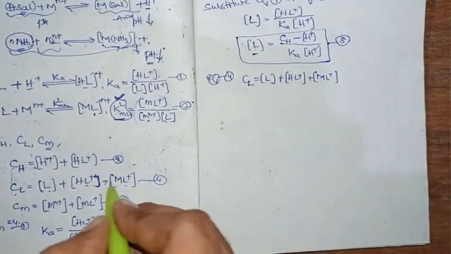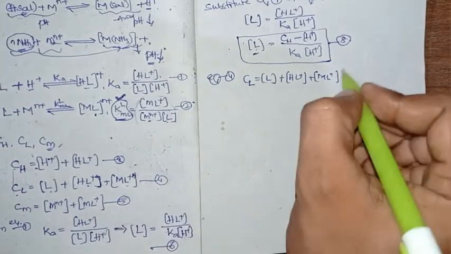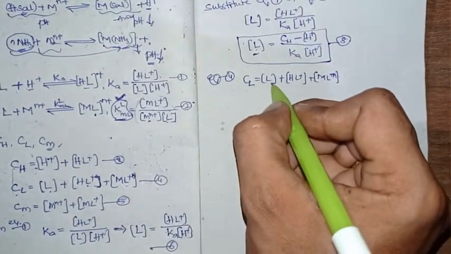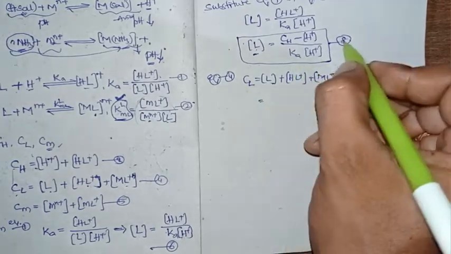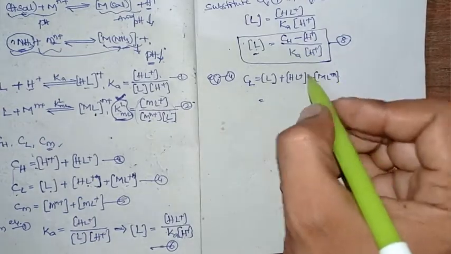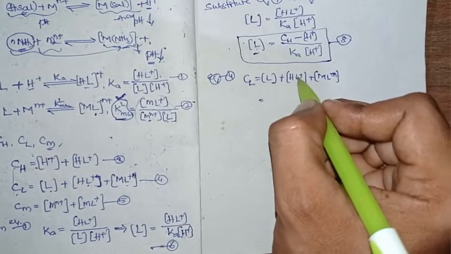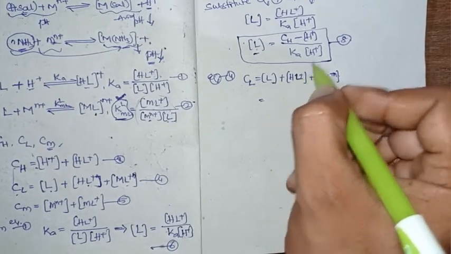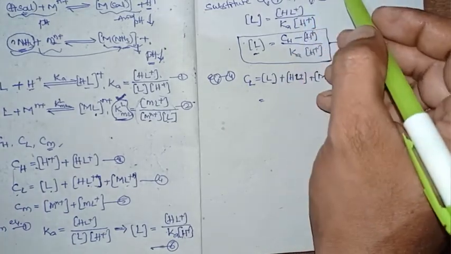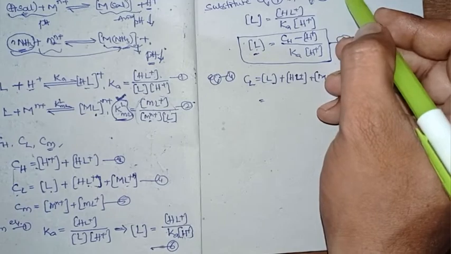Alright. The remaining ligand concentration comes from equation number 6, which has all known terms, and the protonated ligand concentration is also obtained in known terms from equation number 7, right?